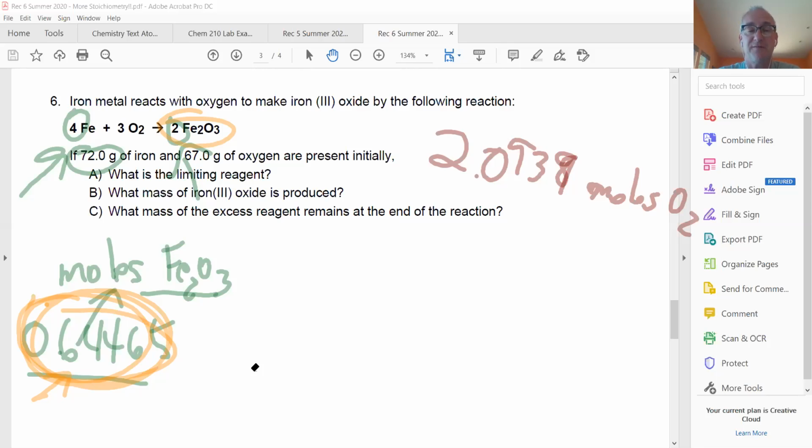Yeah, the excess we know is oxygen, so we need to subtract the mass of what was used in the reaction, and that tells us what was left. How are we going to figure out the mass of what was used? You have to convert 0.64465 moles of Fe2O3 to grams.